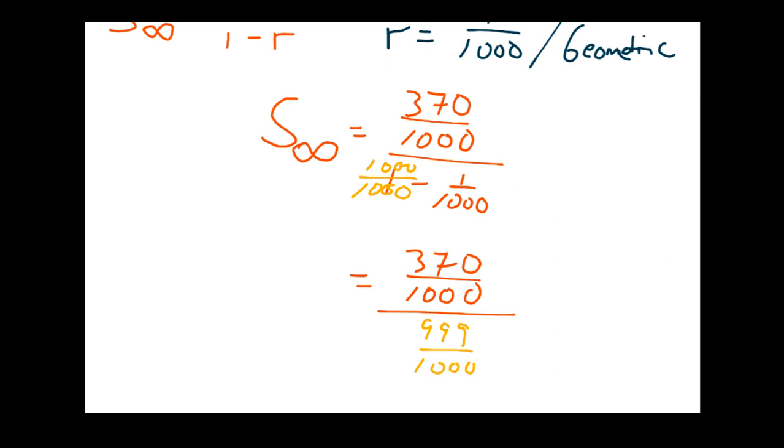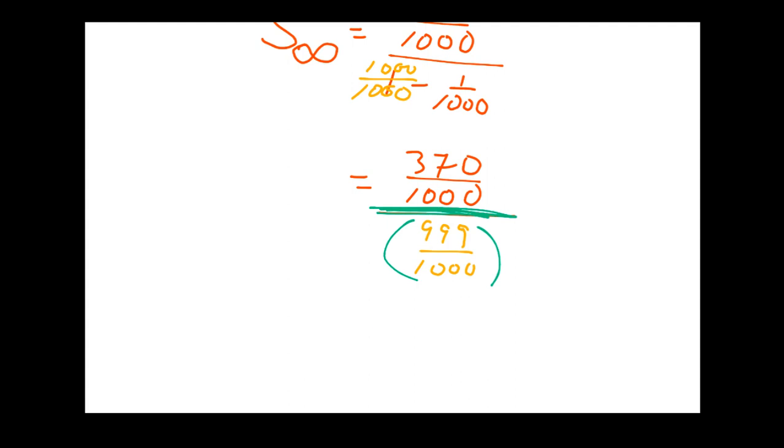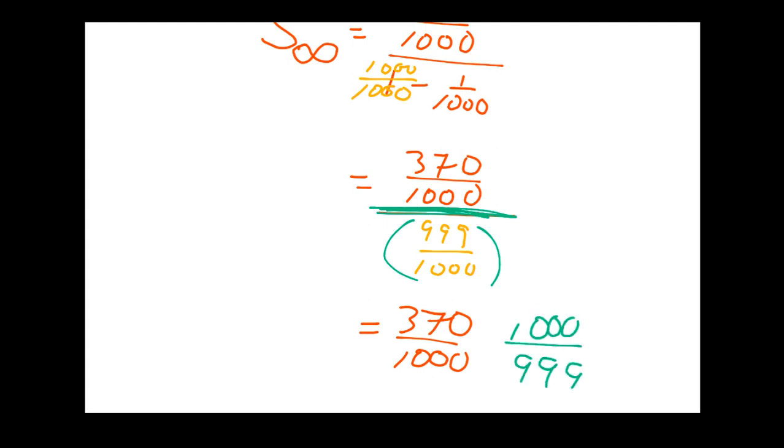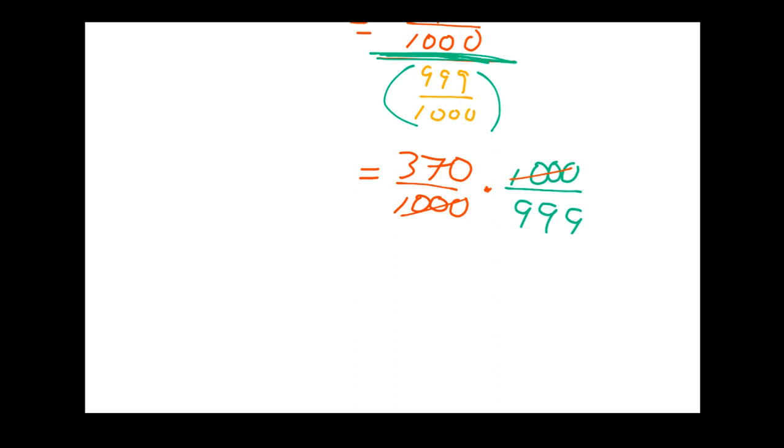Next, we're dividing by 999. That's the same as multiplying by the reciprocal, right? So I can take 370, but now I can multiply by the reciprocal. So the problem becomes a multiplication problem, which conveniently allows those thousandths to cancel. And I think I have a fraction.